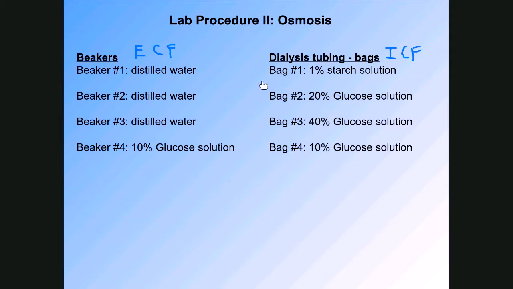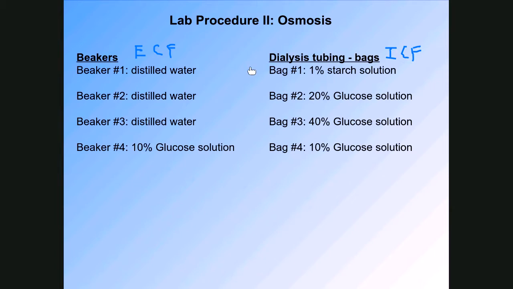Now, if you notice here for the dialysis bags, for the first dialysis bag, you're only adding a 1% starch solution. That's not a high solute concentration. It's a very low solute concentration. So this is the catch when it comes to osmosis and tonicity.